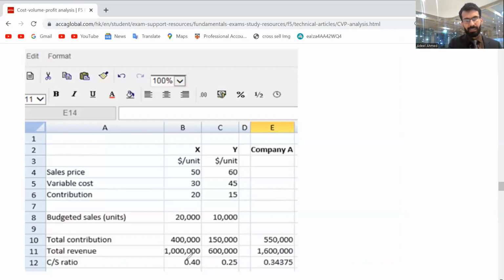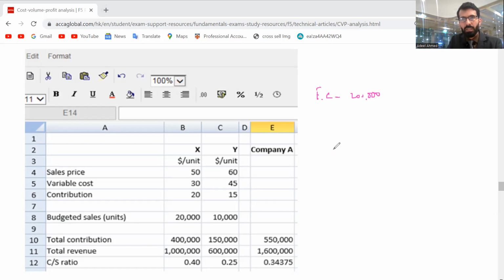So product X has a revenue of 1 million, and that 1 million of the revenue will help us to generate a contribution of 400,000. If you remember, we earlier discussed that our fixed cost is 200,000. Okay, so if we will make a table to understand how much will be our cumulative profitability.